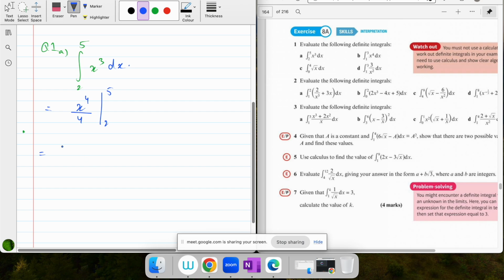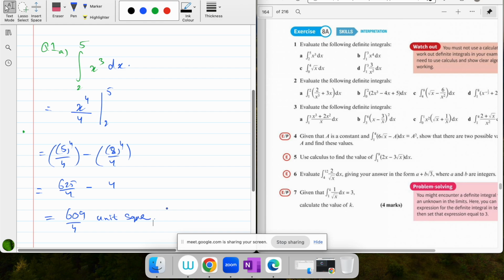So we substitute the upper limit first, 5 raised to the power 4 by 4, minus the lower limit, 2 raised to the power 4 by 4, and we get 625 by 4 minus 4, and that is 609 by 4 unit square.